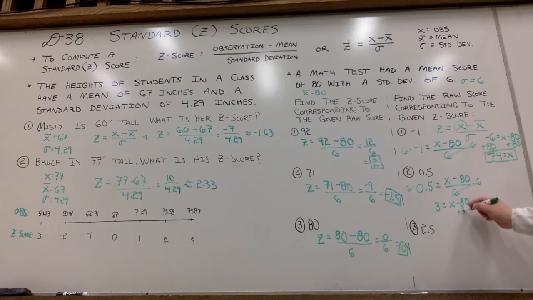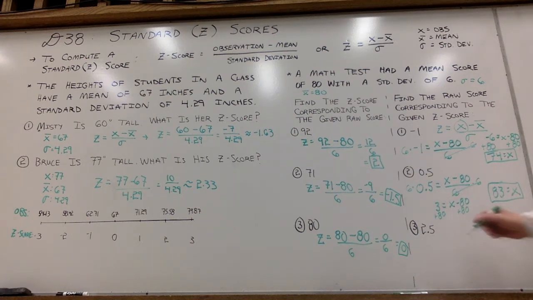Adding 80 to both sides, 3 plus 80, 83 would be my observation. So 83 would be a positive z-score of 0.5.